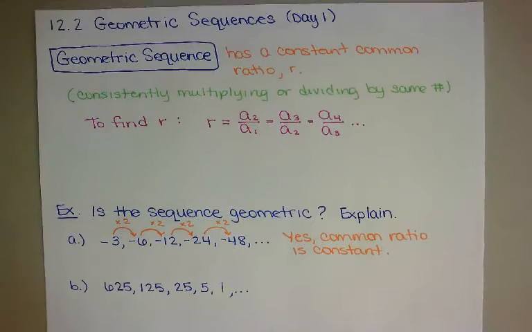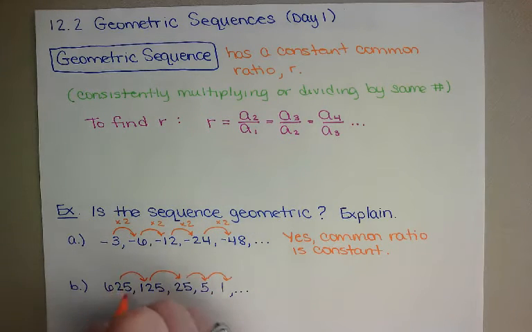Okay, let's look at the next one. Are they consistently multiplying or dividing? Well, if we're getting smaller, then that means we're dividing. What are we dividing by every time? If you wanted to, maybe it would be easier if you went this way: 1 times 5 is 5, 5 times 25 is 125, and 125 times 5 is 625.